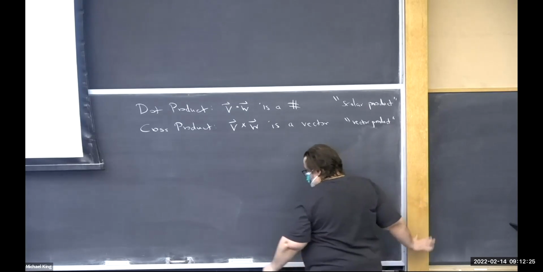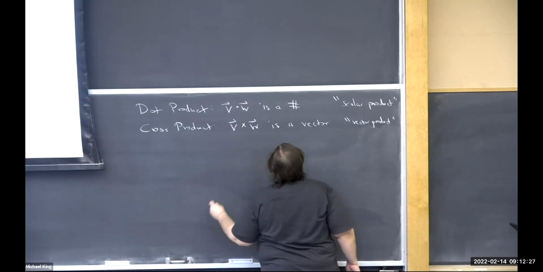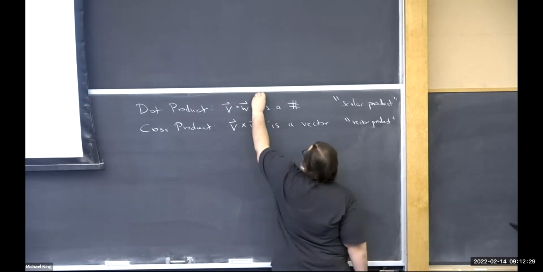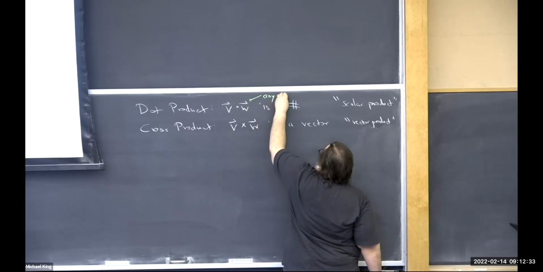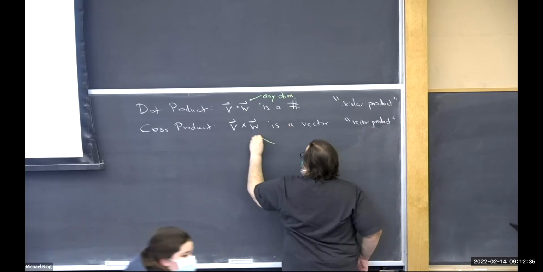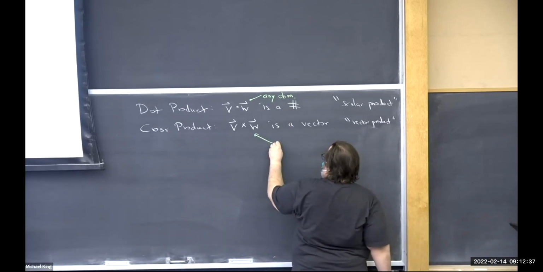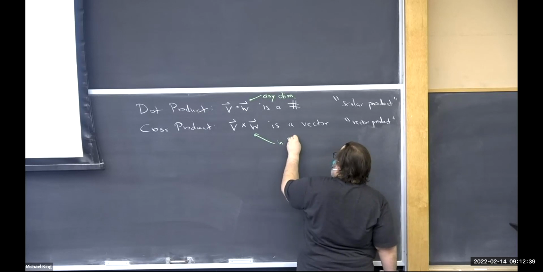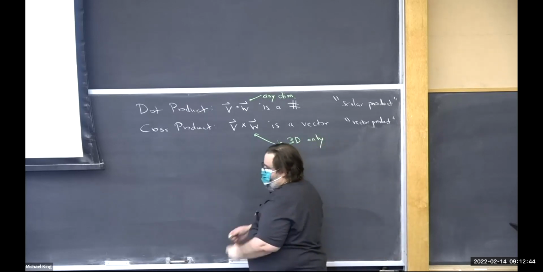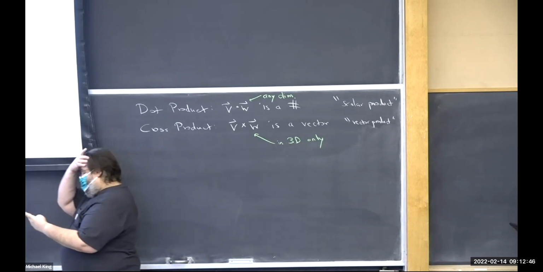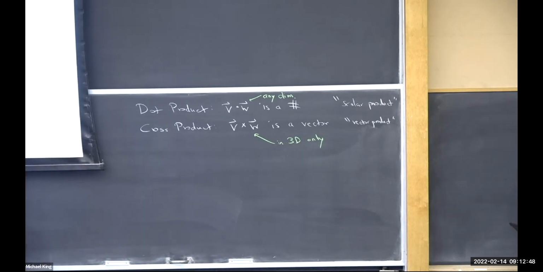And also, the dot product can work in any dimension. I can take two 7-dimensional vectors, but the cross product is specifically a 3-dimensional construction, because if you have 2 dimensions and 2 vectors, there's no direction perpendicular to both, right?